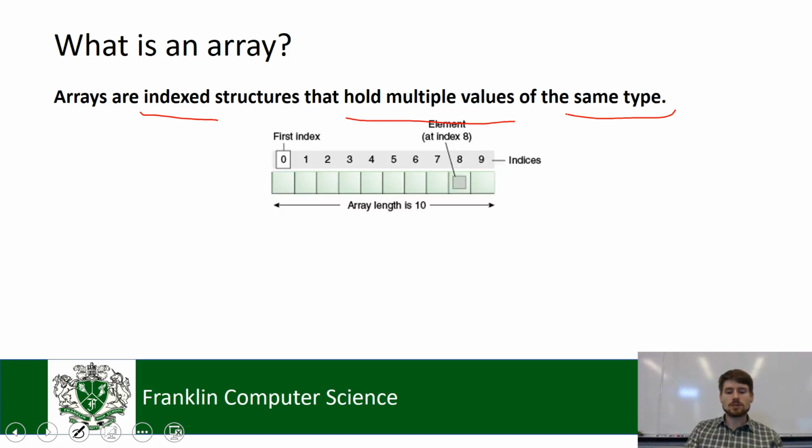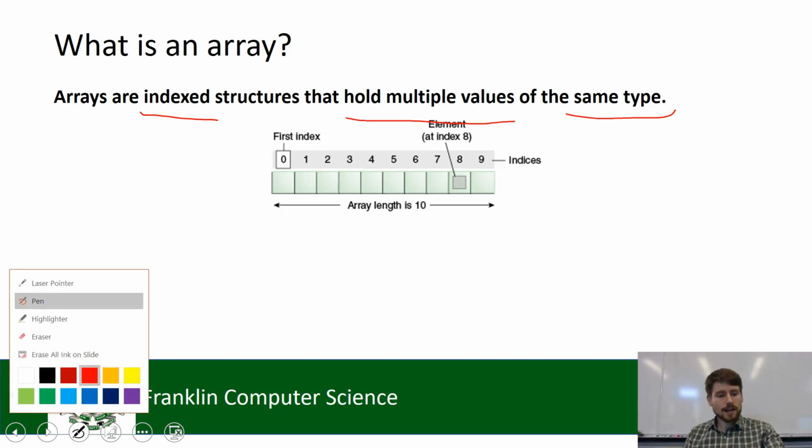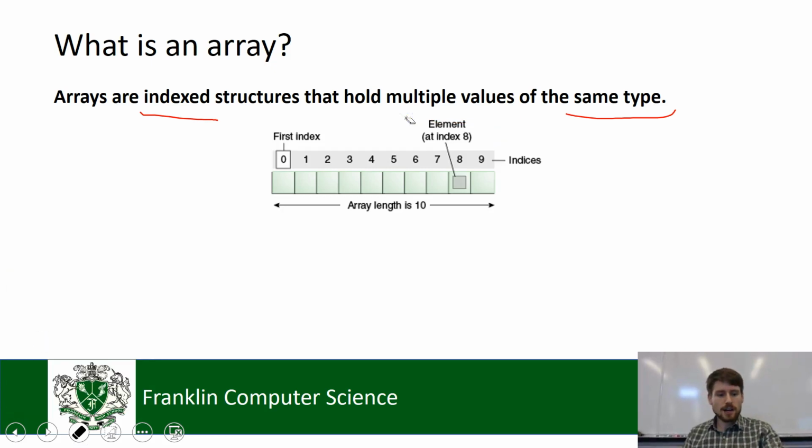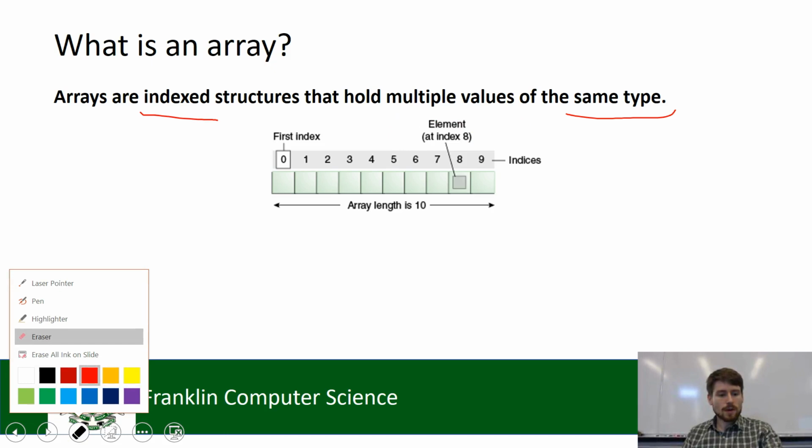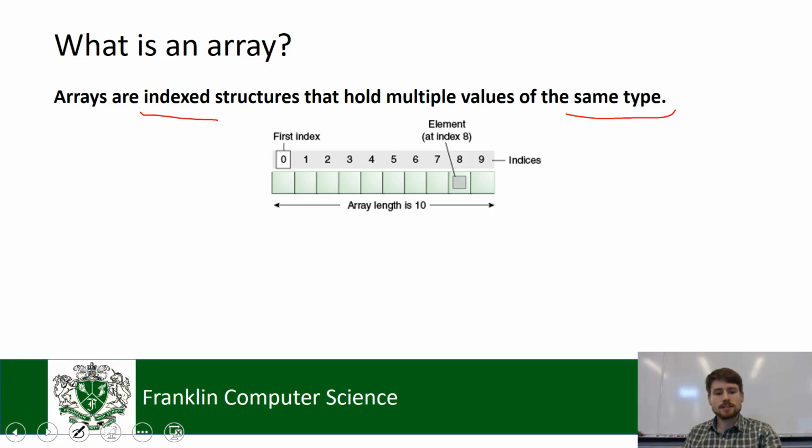Okay, so a picture of what this might look like: usually people write arrays as a row of boxes. You've got a bunch of boxes here, and each box has a number. You can think of the number as an address. Like, how would you get the data that's at the address of 5 or the address of 9?